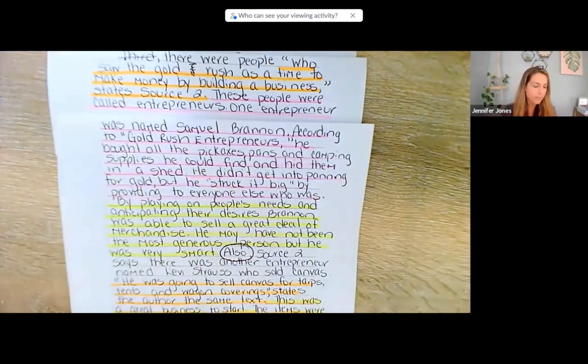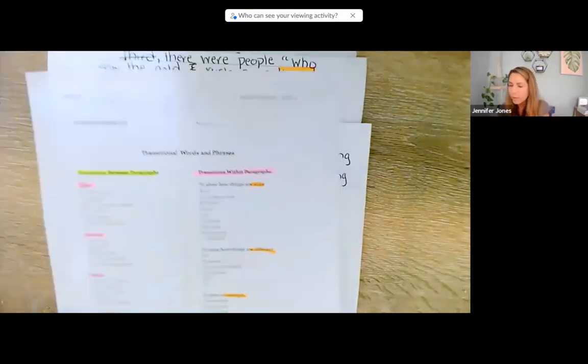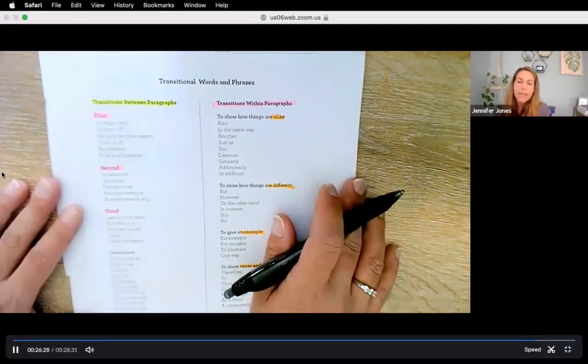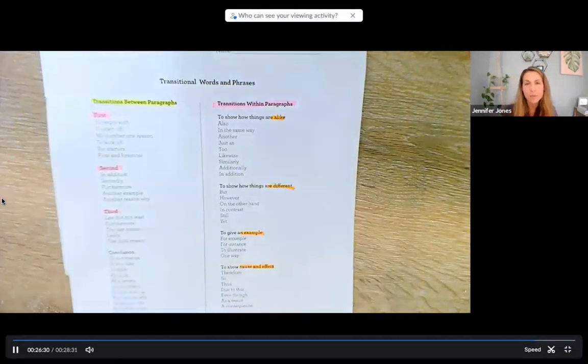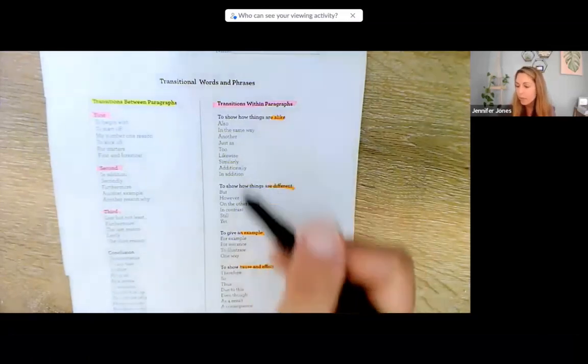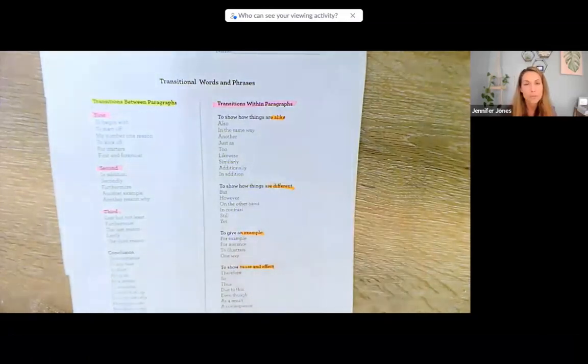Now I'm going to leave this list displayed, and what you're going to do right now, you're going to go through T1, T2, and T3. And you're going to make sure that every time you go from writing about your A to writing about your B, you use one of these transitional words or phrases to show your reader how those subtopics are related to one another.